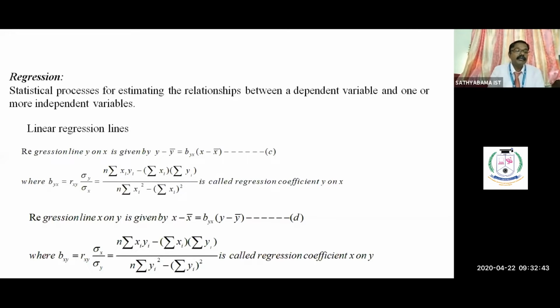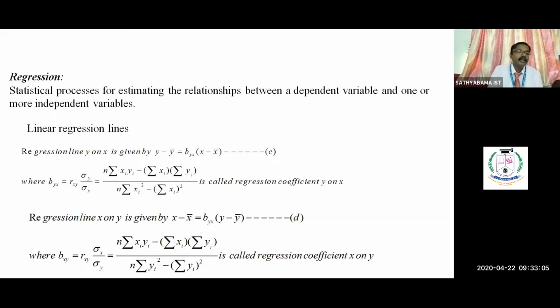The same way for equation D, x on y means x of y. That is, y is the independent variable, x is the dependent variable. So x minus x bar equals bxy into y minus y bar. Look at equations D and C. Byx is nothing but Rxy into sigma y by sigma x.